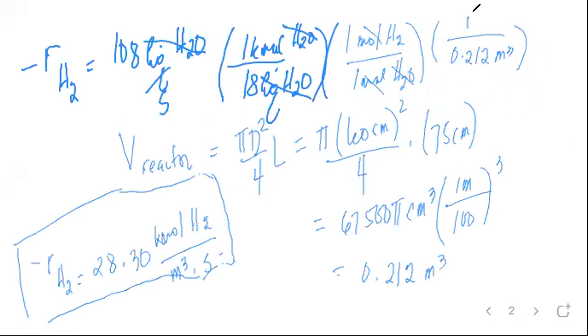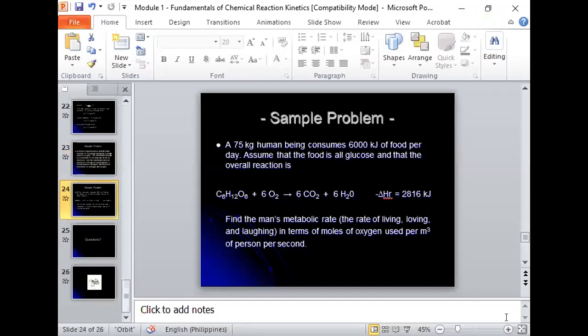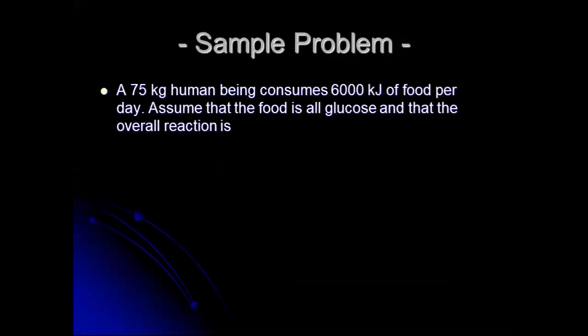Okay, now our second sample problem, I'd like to go to that, talks about the human being. So a 75 kilogram human being consumes 6,000 kilojoule of food per day.